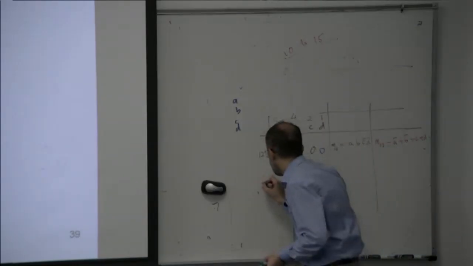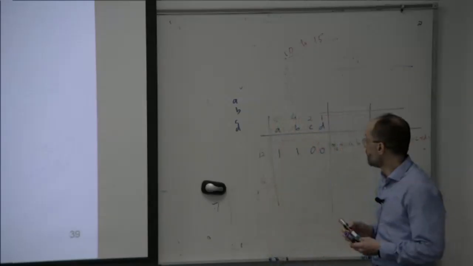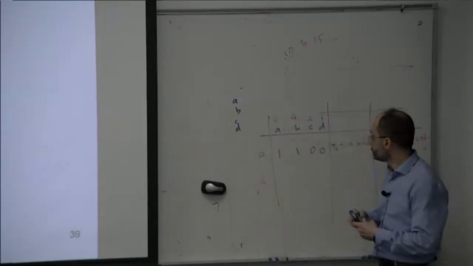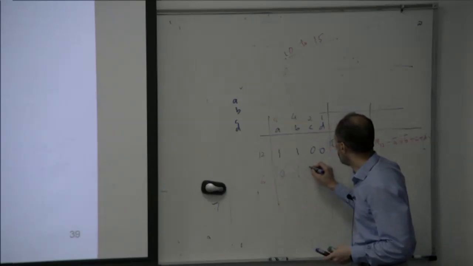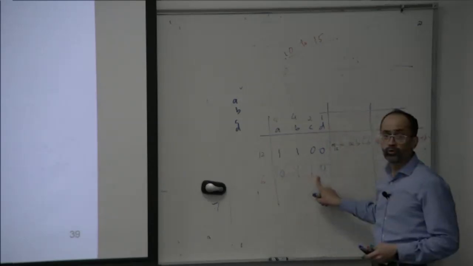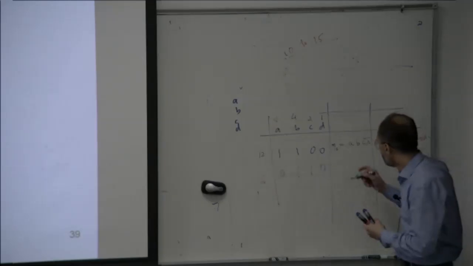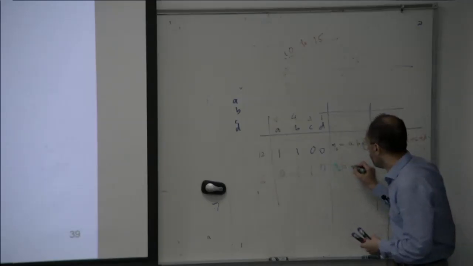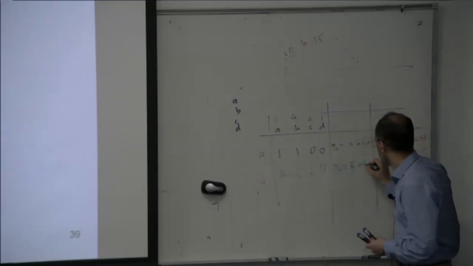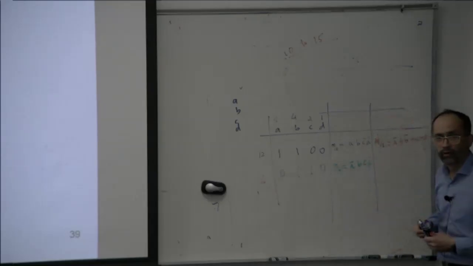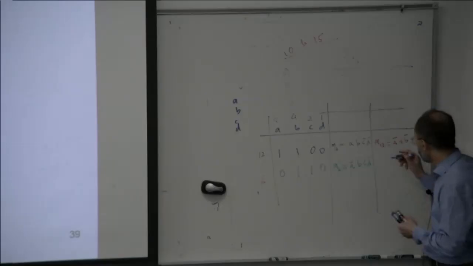So if you say M6, how can we achieve 6? 0, 1, 1, 0. Why? 4 plus 2, 6. Now what will be M6? A bar, C, D bar. What will be capital M6?